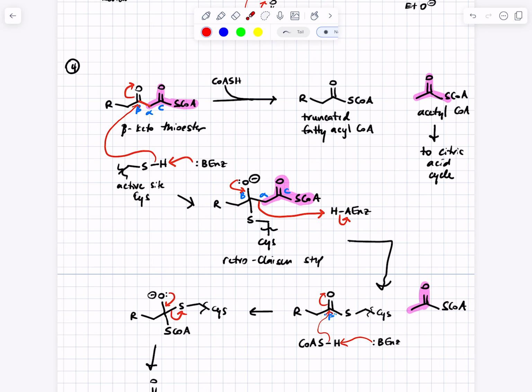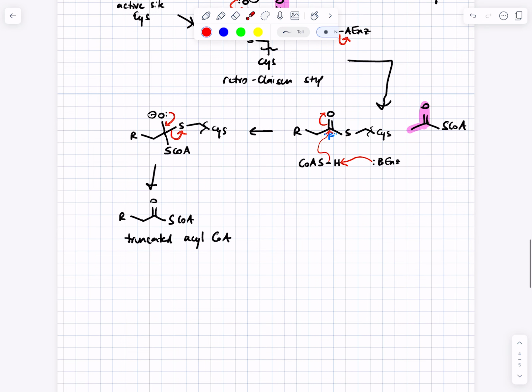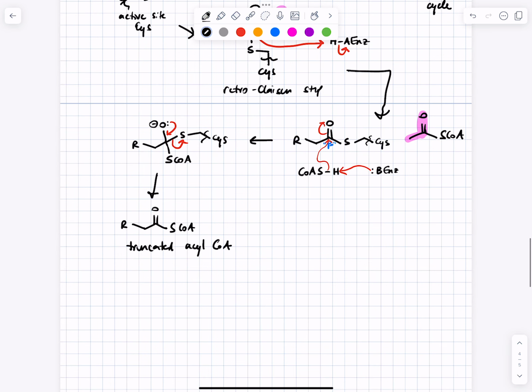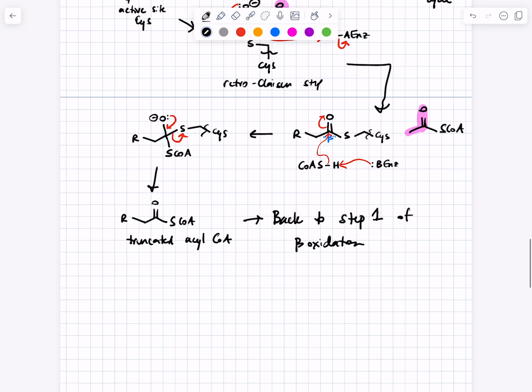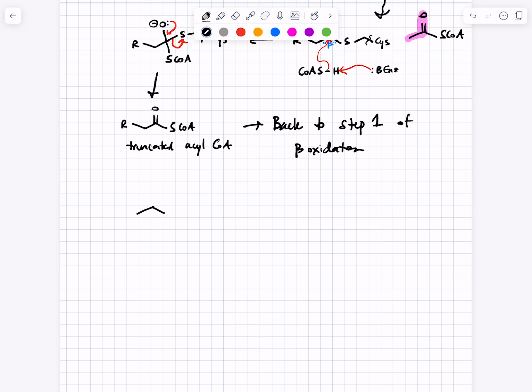So this process is iterative. As I said, once you get to the truncated acyl-CoA, you go back to step 1 of beta oxidation. And then you repeat until the last reaction, and the last reaction is going to be the one where you have a 4-carbon beta-keto thioester.